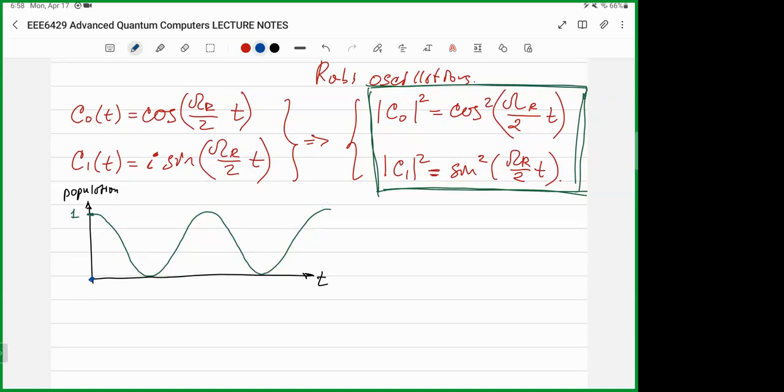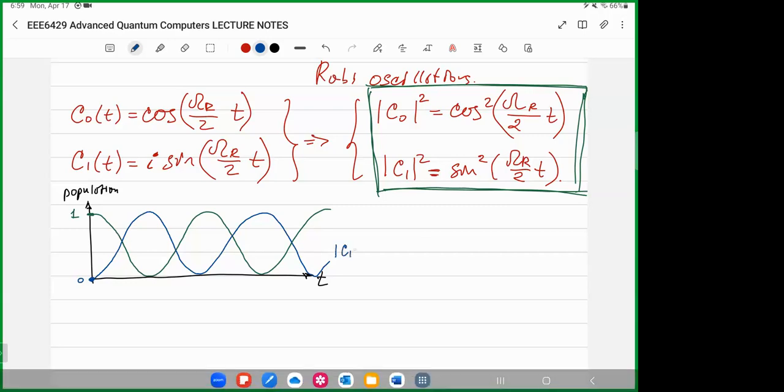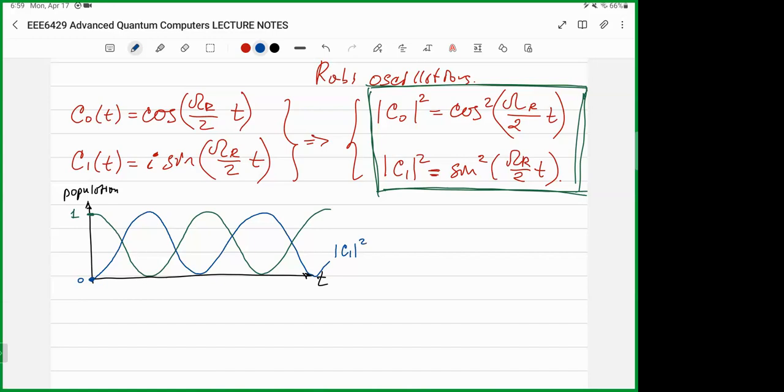And then I apply electric field, and the system starts oscillating like this. So initially my excited state population is 0, but as time changes, it goes to 1, then goes to 0, then goes to 1, then goes to 0, something like this. So this is C sub 1 squared, and this one is C sub 0 squared, population of the ground state and excited state.